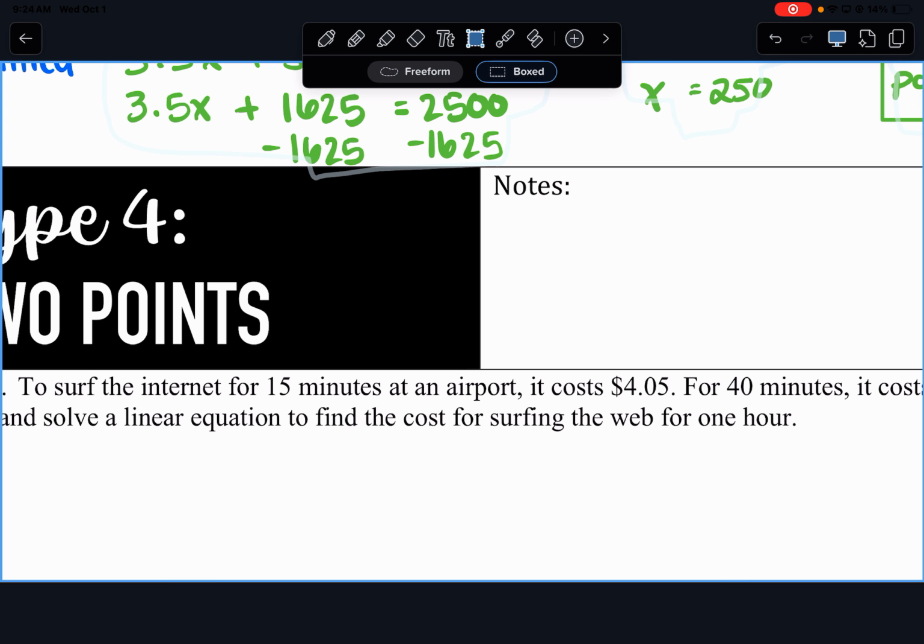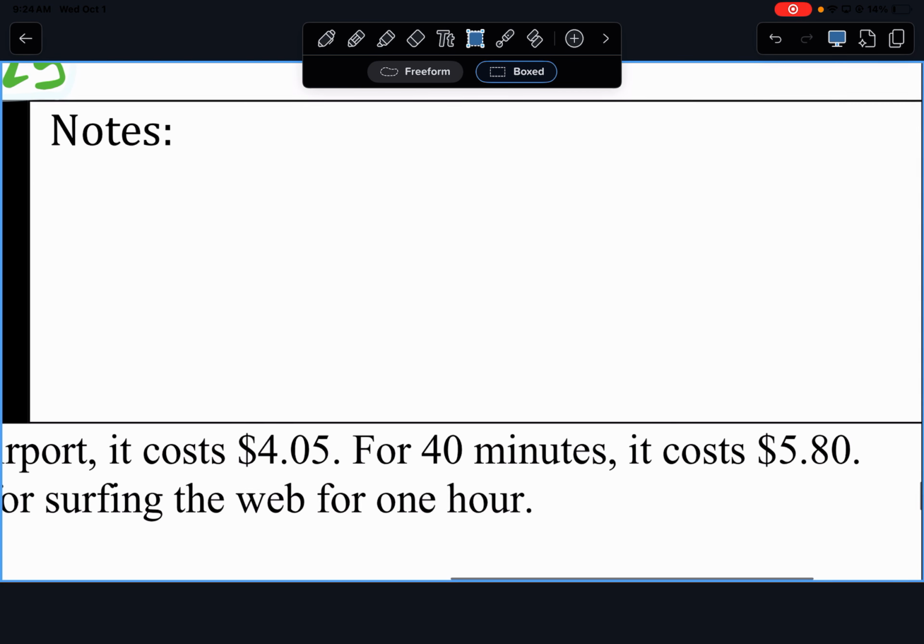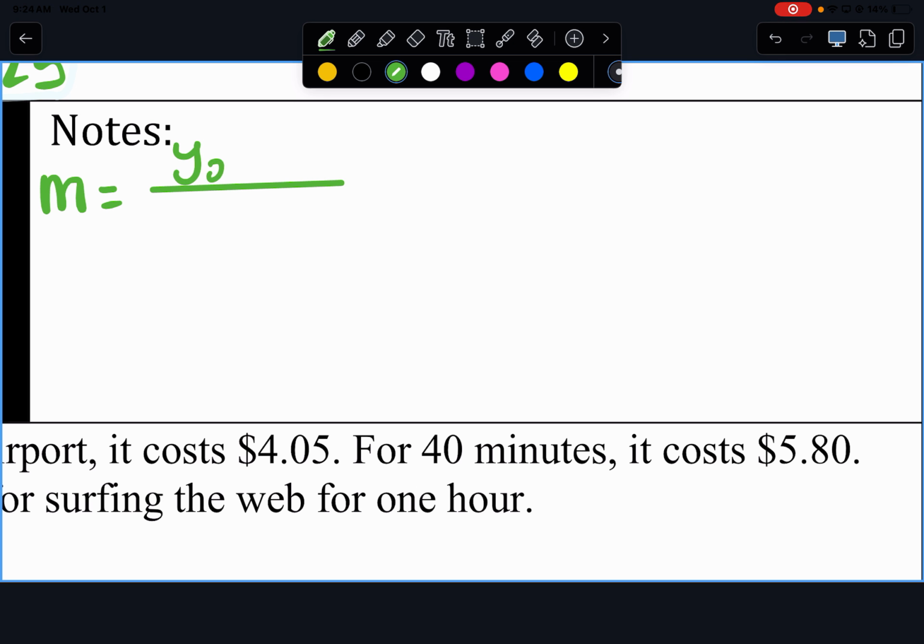What does that mean they give us? 2 points. So whenever we're given 2 points, first you have to find the slope. What is the formula for slope? y2 minus y1 over x2 minus x1. That is the first thing.